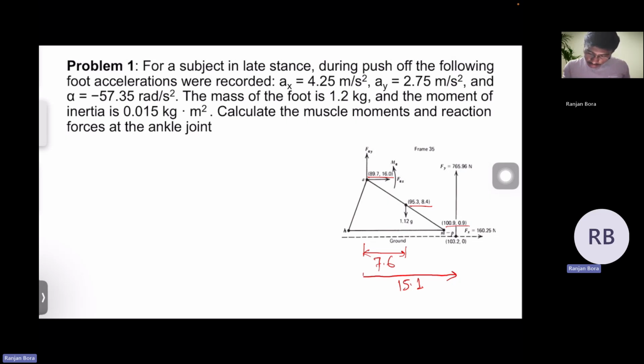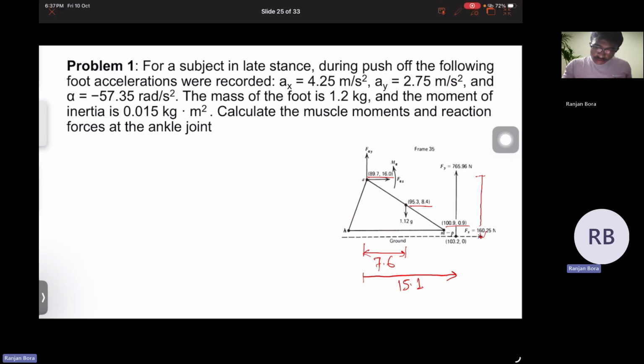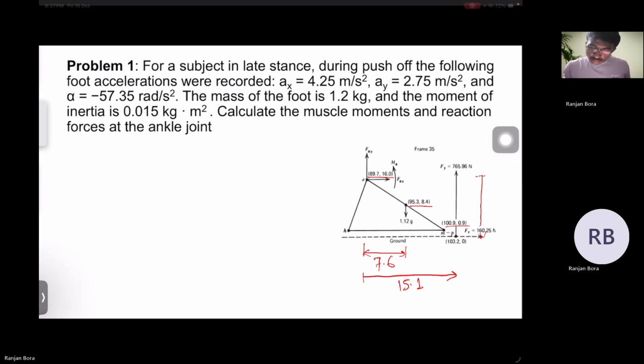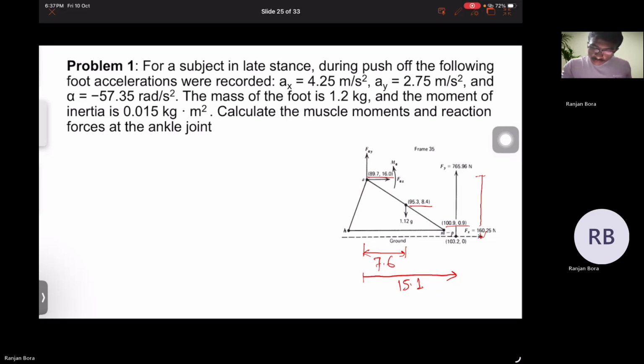Also, we'll need this distance. Sorry, I have taken this wrong; this should be 5.6, not 7.6. One second. It is not working.